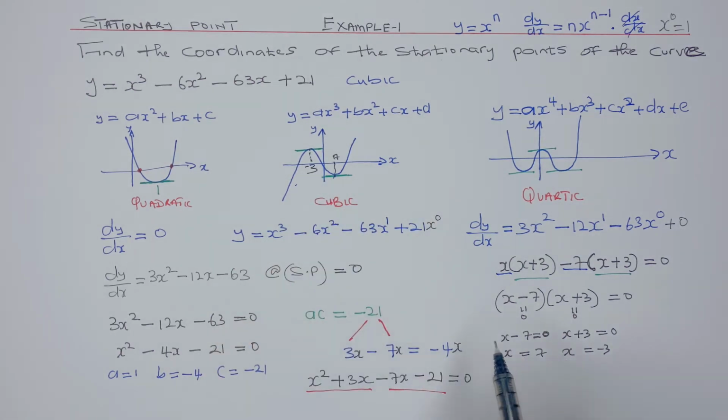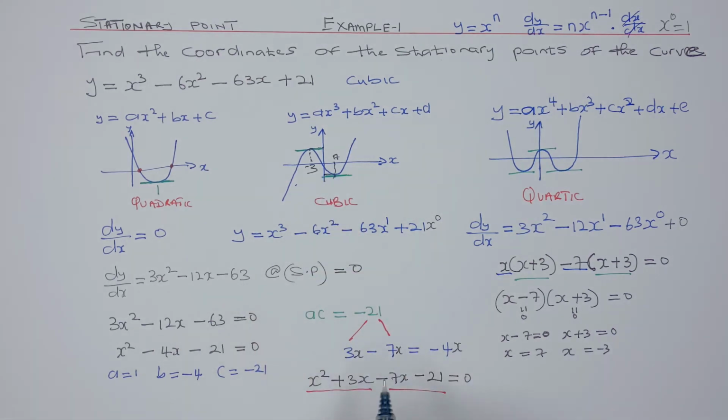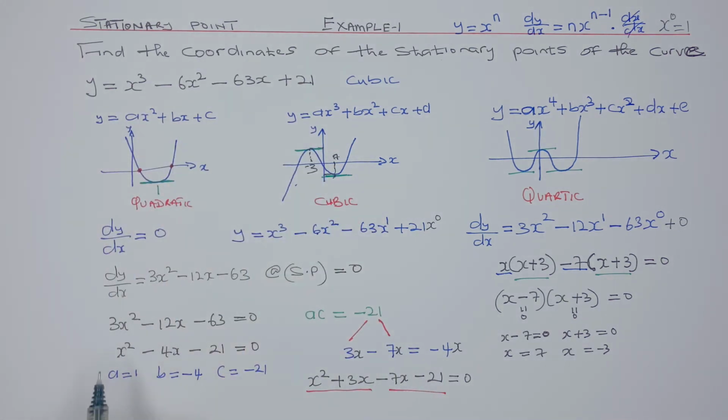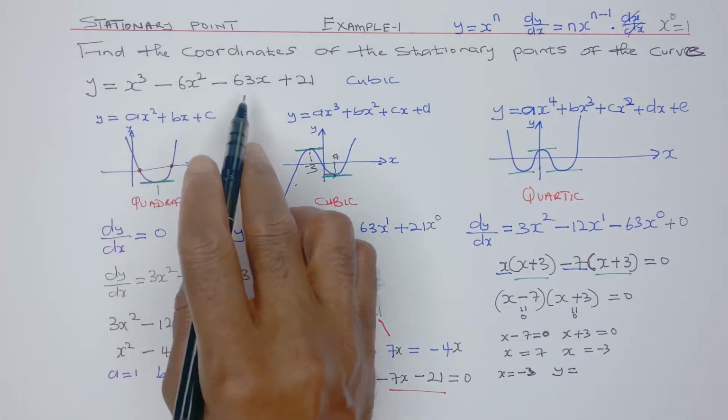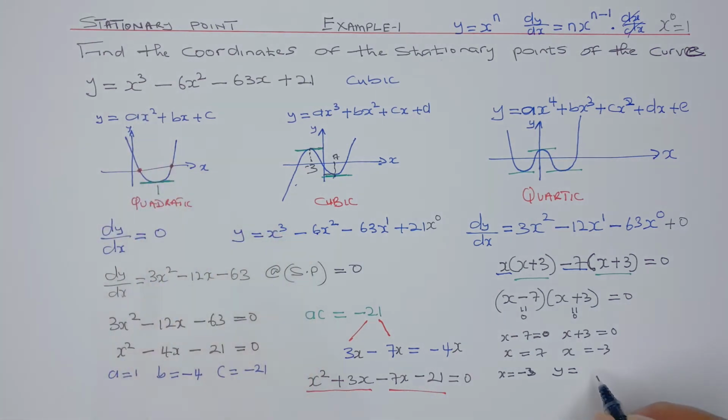Now I need to find the value of y, this value of y here. To find the value of y, I need to plug those numbers back into that equation, into this equation. So when x equals minus 3, if you plug these values in for y, you will get 129.